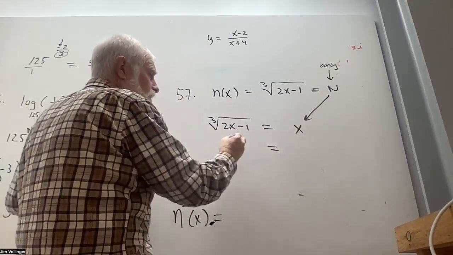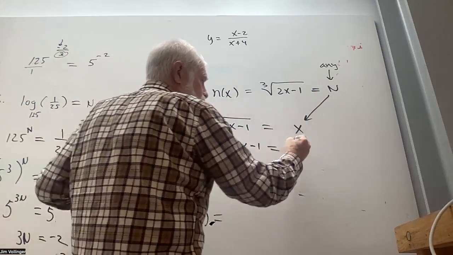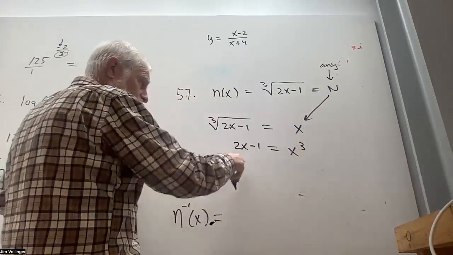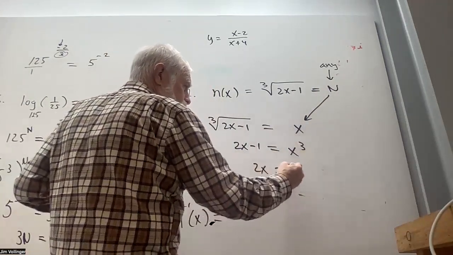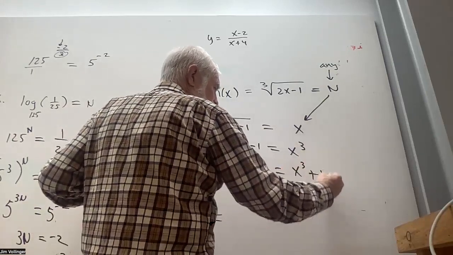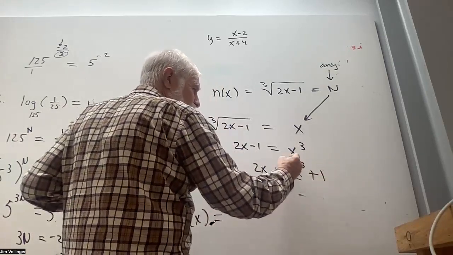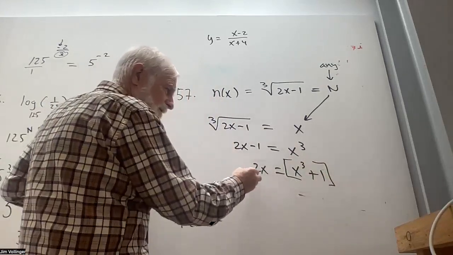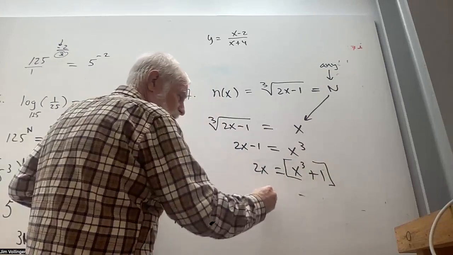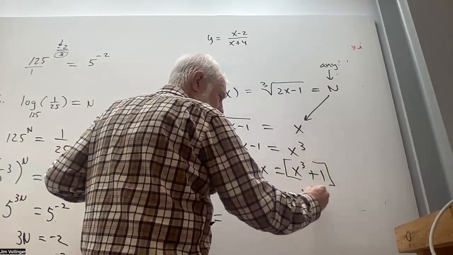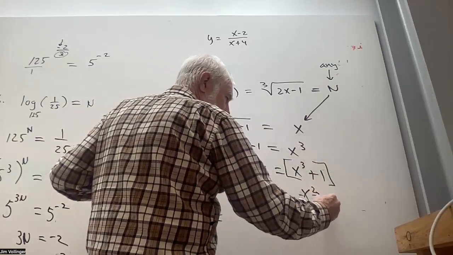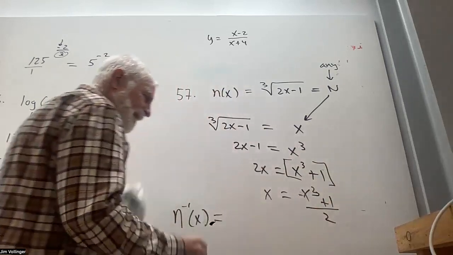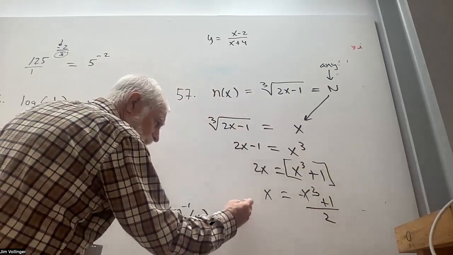So I undo cubing. I add 1. This is a new number now. I'm going to put it in brackets because that number is being doubled, which means that I want half of it. And that should be my function.